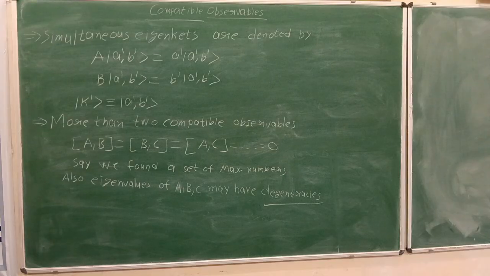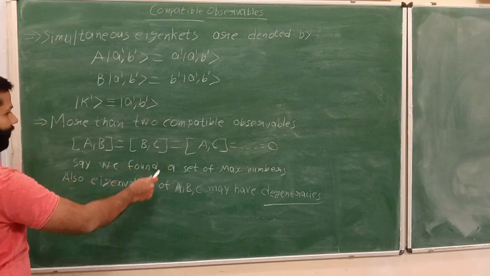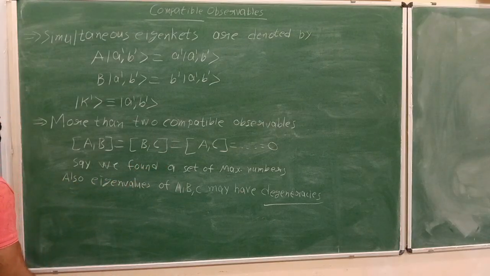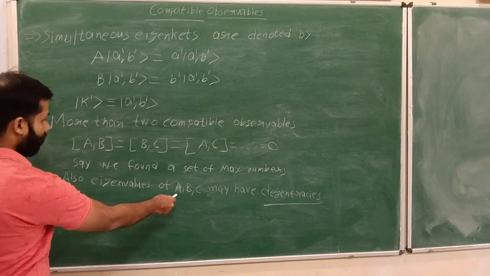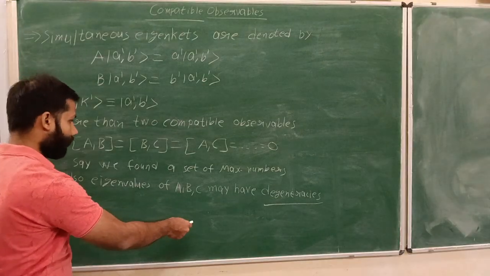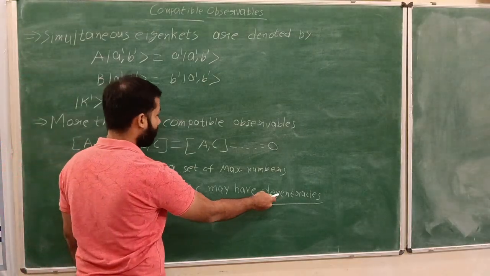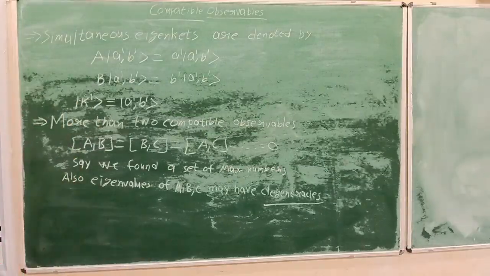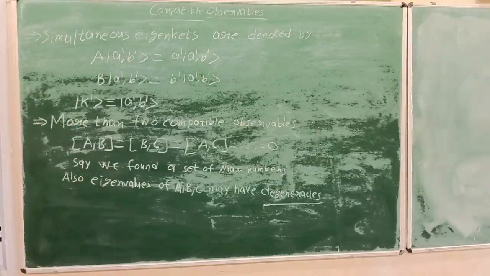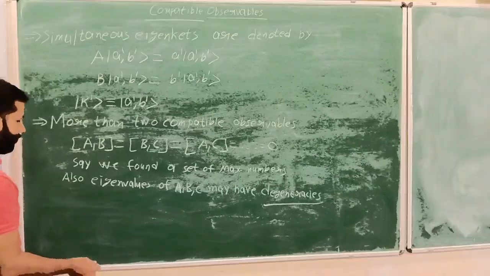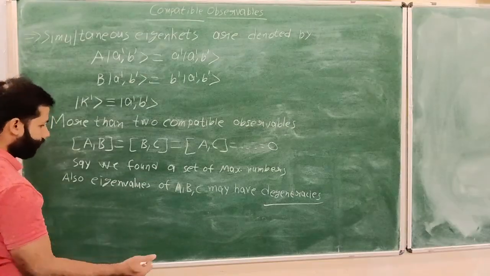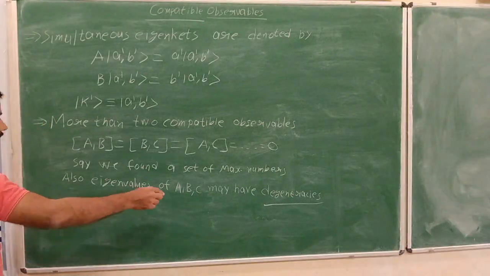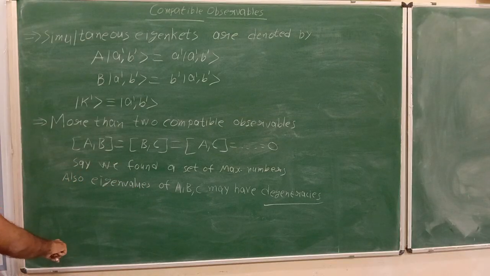So what we are trying to see here is an interesting result: if we have a maximum set of compatible observables, all mutually compatible with each other, and the observables have eigenvalues with some degeneracy, 2-fold or 3-fold or 4-fold, then since there are degeneracies, there will be many states which share the same eigenvalue.